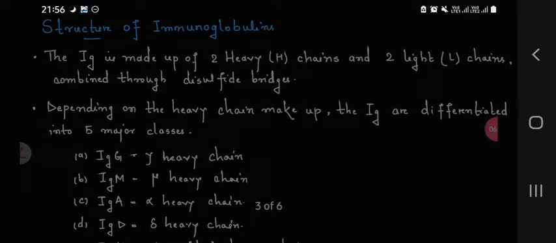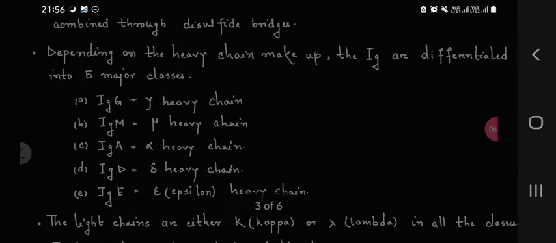Structure of immunoglobulins. The Ig is made up of two heavy chains and two light chains combined through disulfide bridges. Depending on the heavy chain makeup, the Ig are differentiated into five major classes: IgG, gamma heavy chains; IgM, mu heavy chains; IgA, alpha heavy chains; IgD, delta heavy chains; and IgE, epsilon heavy chains.